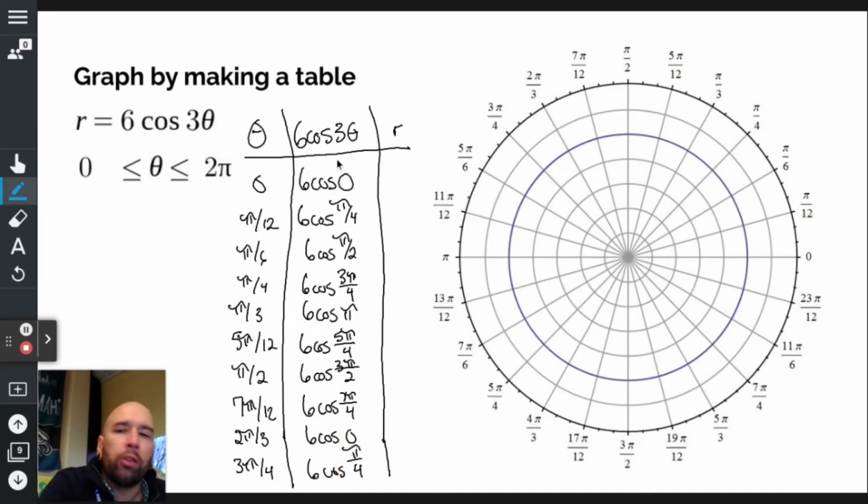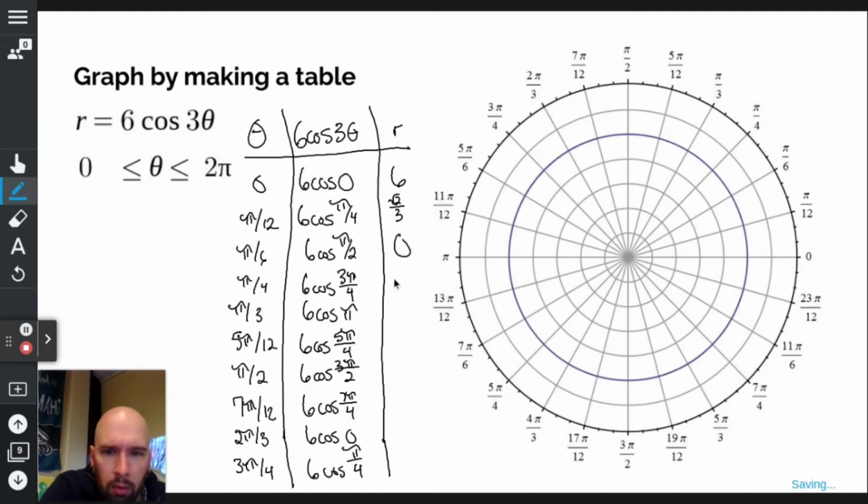Cosine 0 is 1, so 6 times 1 is 6. Cosine pi over 4 is root 2 over 2, so this becomes 3 root 2. Then you're 0.